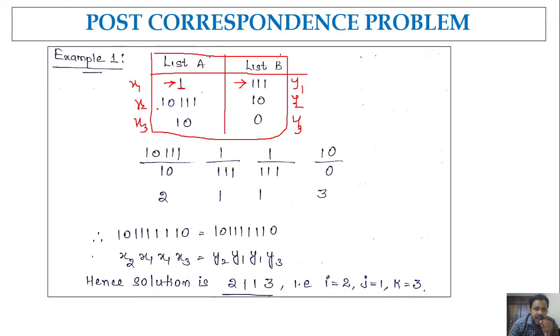I am taking x2 from list A, that is 1 0 1 1 1.